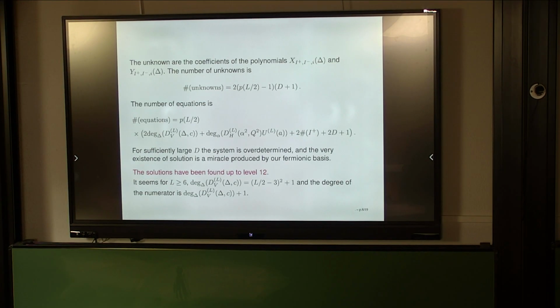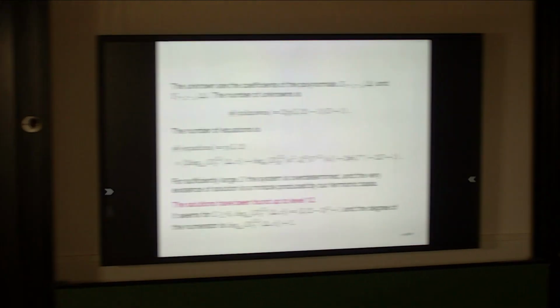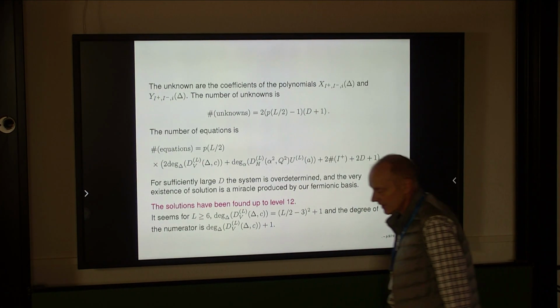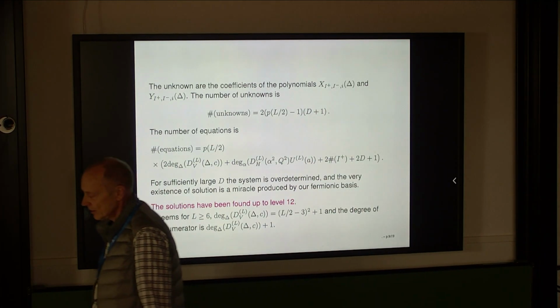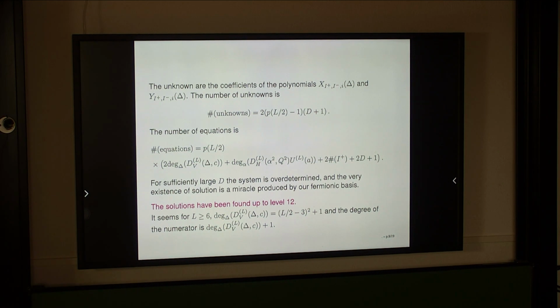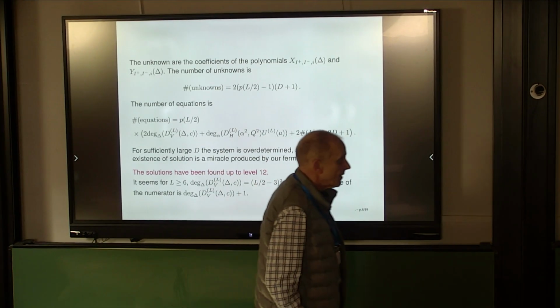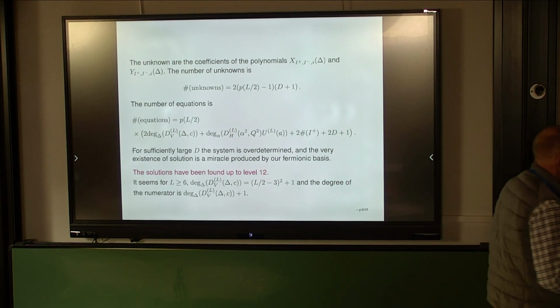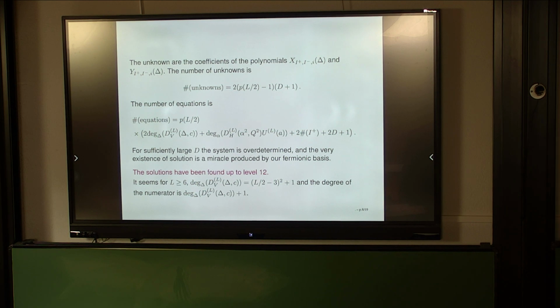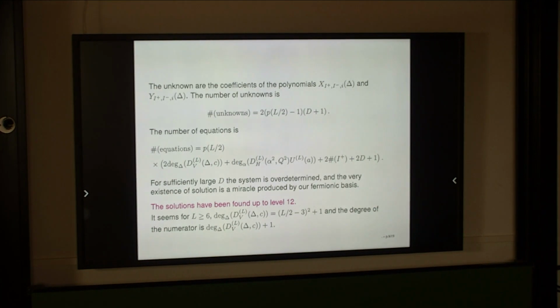Even if you have many equations, first of all it is not obvious that they have solutions, but even if they do, it does not mean that they have all the solutions. But I have no proof that this is the case, but I found solutions up to level 12. I was not waiting to do it up to level 12, and so it works.